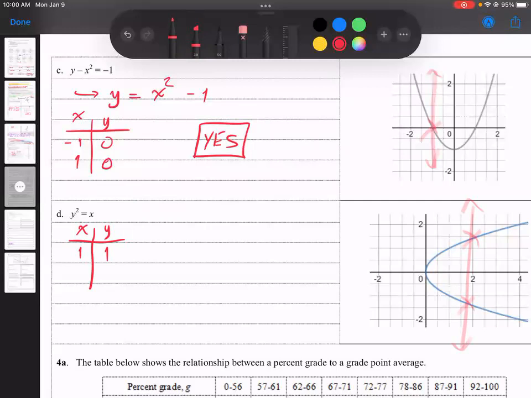Let's do y first. When y is negative 1, x is 1. When y is 1, x is also 1. So 1 maps to negative 1 and 1 maps to 1, x is repeated. So it's not a function.